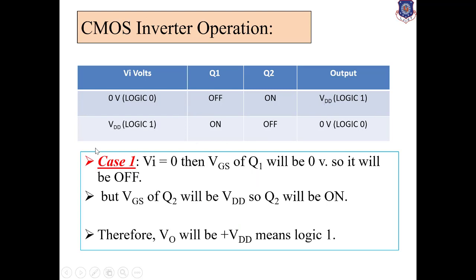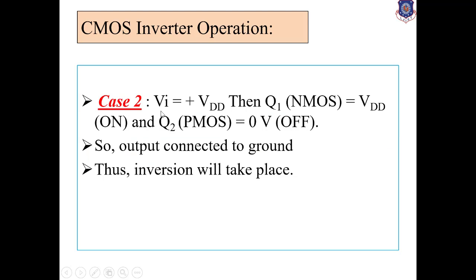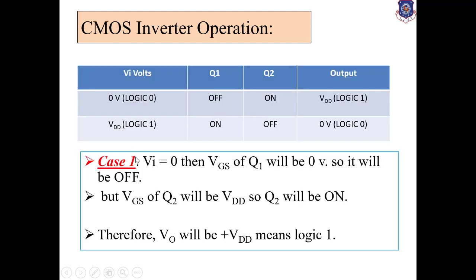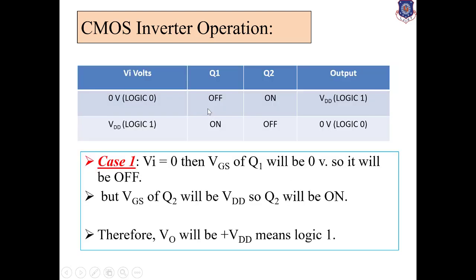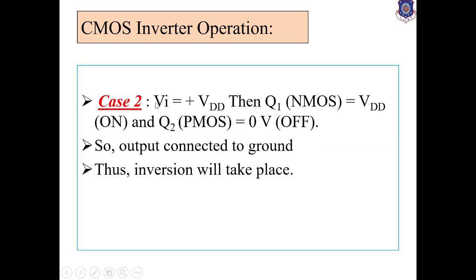Now case 2: let's discuss case 2, if V input is plus VDD. The first case was V input equal to 0 and the second case is V input equal to plus VDD. First, the input is minimum, and second, the input is maximum.